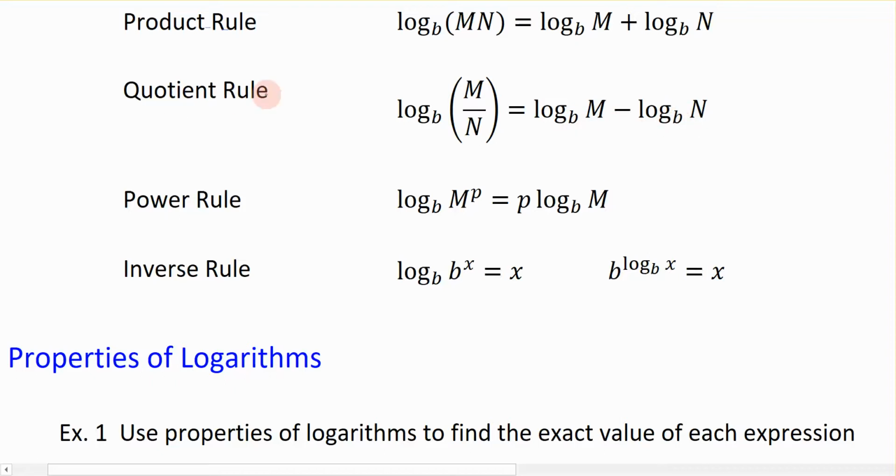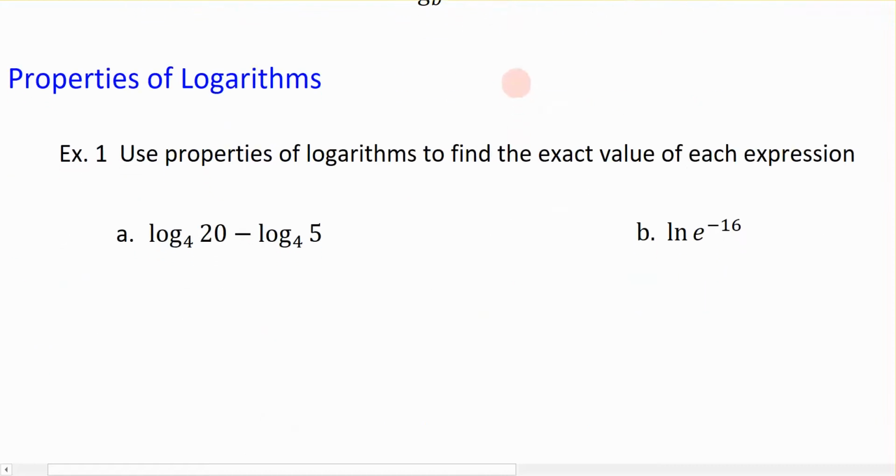In other words, I can rewrite that expression below as a single log expression with division of the arguments. So this becomes log base 4 of the first argument divided by the second argument. Simplifying 20 over 5, we get log base 4 of 4.